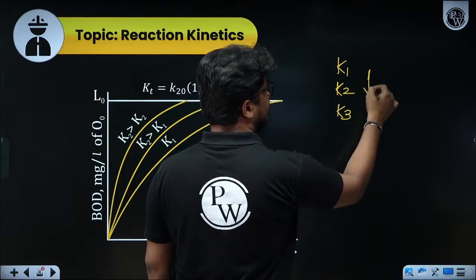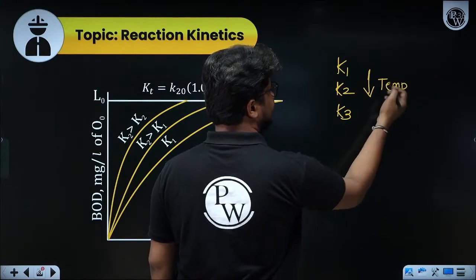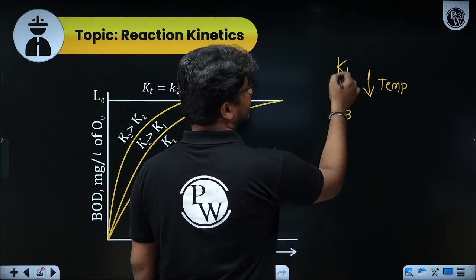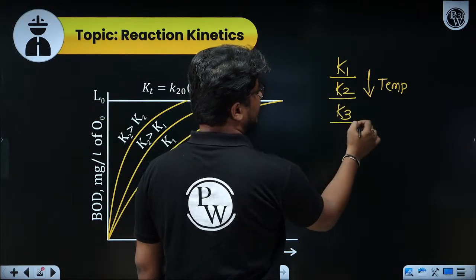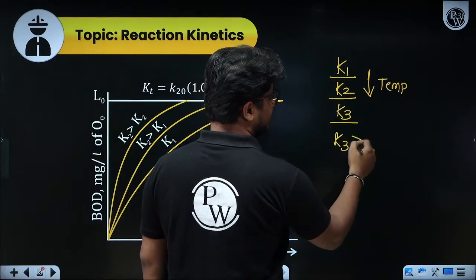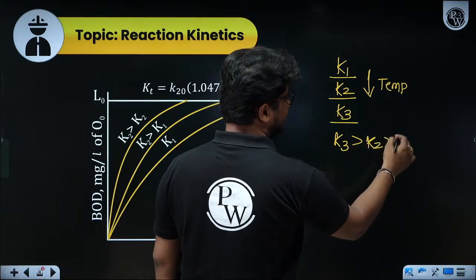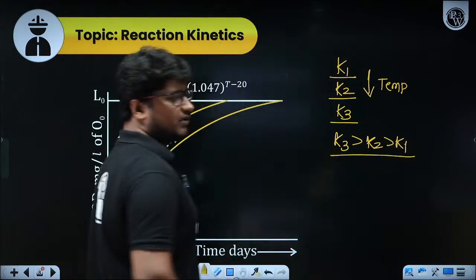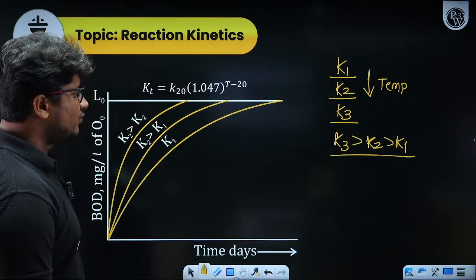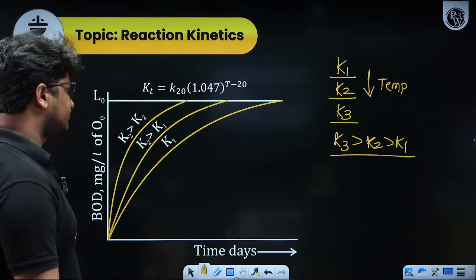In this sequence, your temperature is also rising. So obviously K1 will be the smallest, then K2, then K3. So K3 is greater than K2, and K2 is greater than K1, because your temperature is increasing as you go from 1 to 3. So the rate of reaction will also increase.